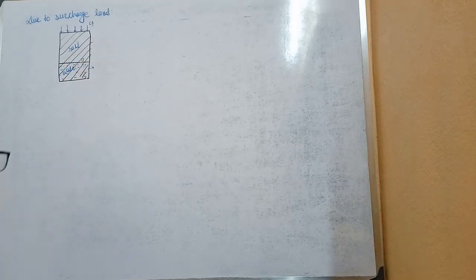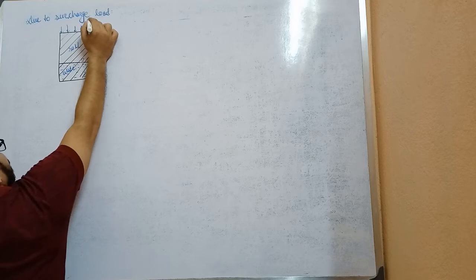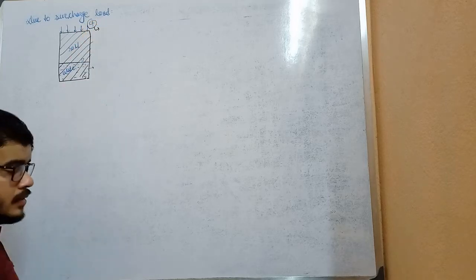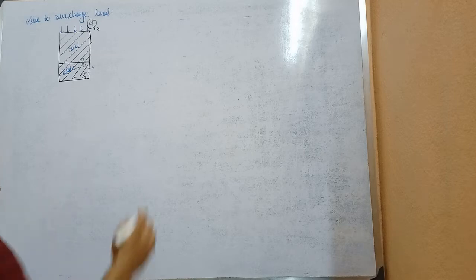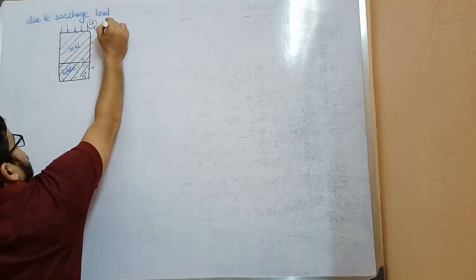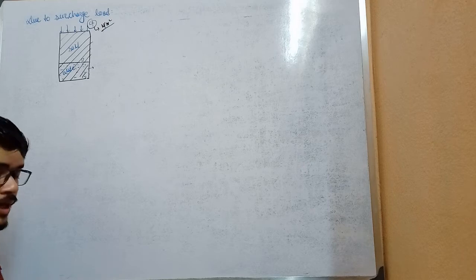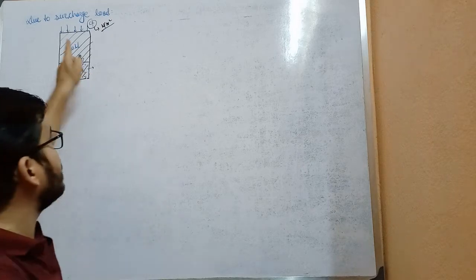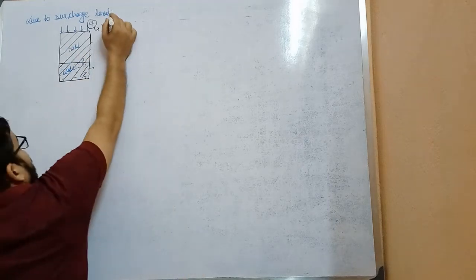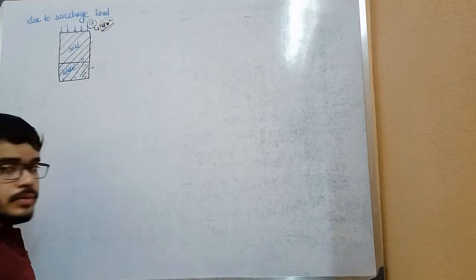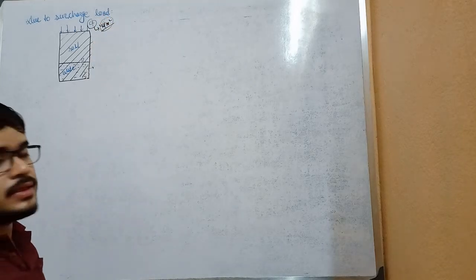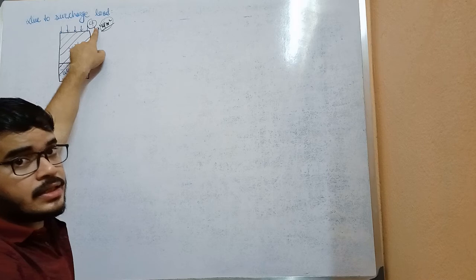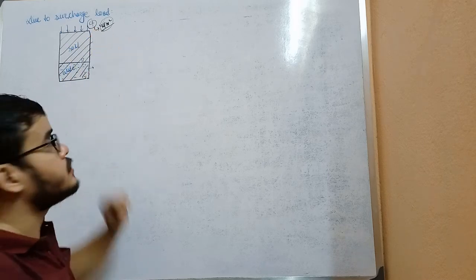Okay. But the difference is here is a surcharge load. The unit of this load will be given as Newton per meter square. That means you don't have to multiply anything with this surcharge load, as it is already a stress, Newton per meter square. So it is a constant Q Newton per meter square.